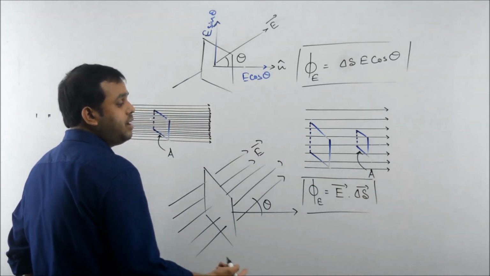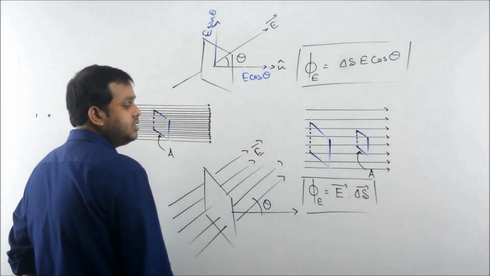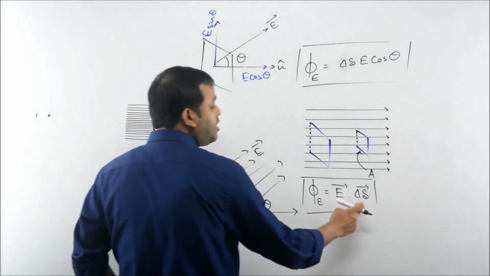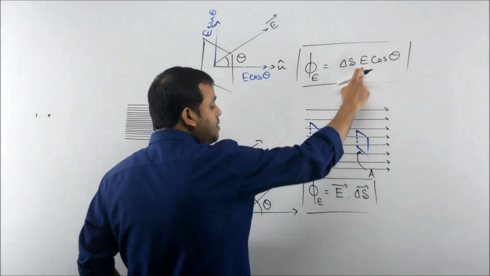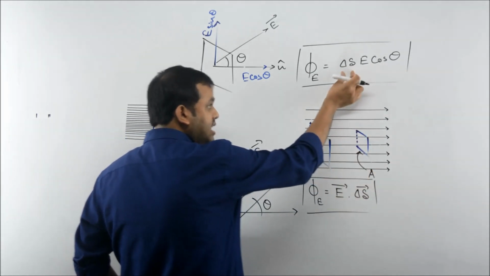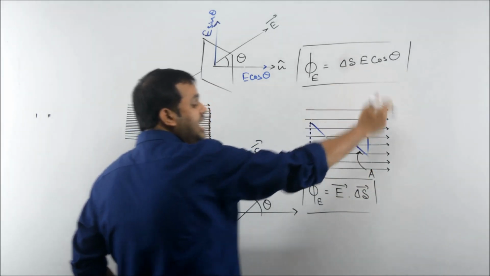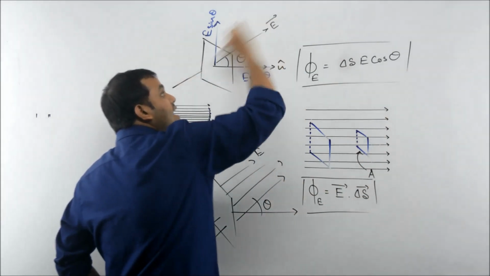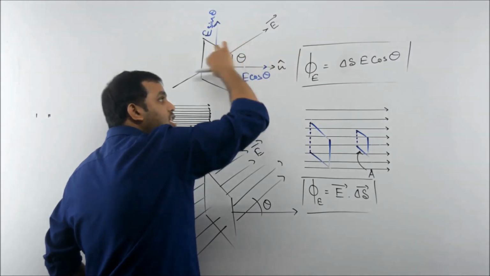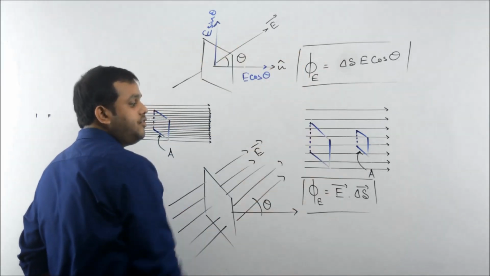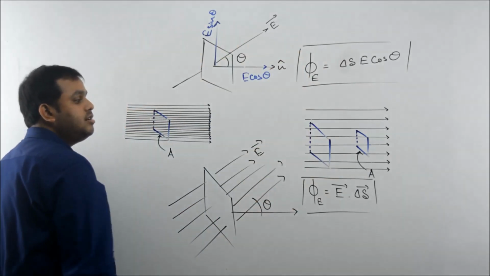Students, obviously you know about dot product or scalar product. So E vector dot delta S vector is equal to magnitude of E vector, that is E, magnitude of area vector, that is area of the surface, and cosine of angle between electric field vector and area vector. We know that direction of area vector is normal to the surface. Clear, students?